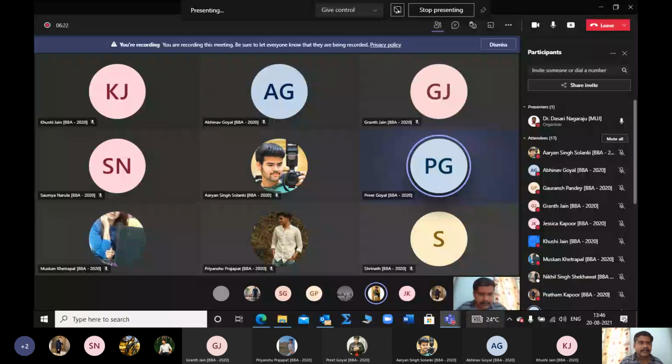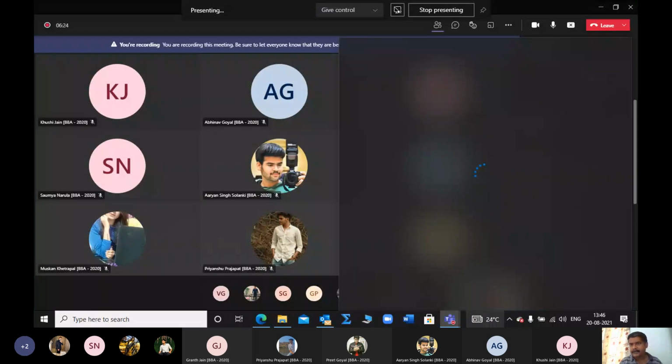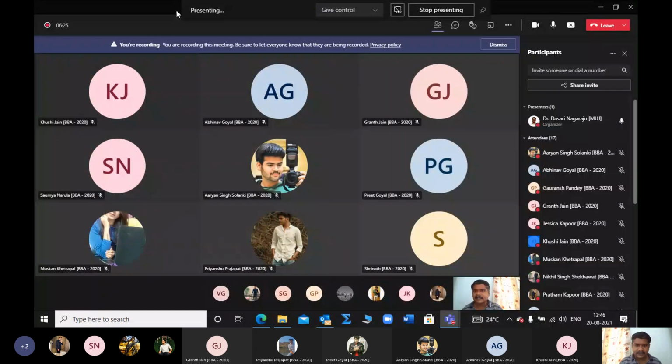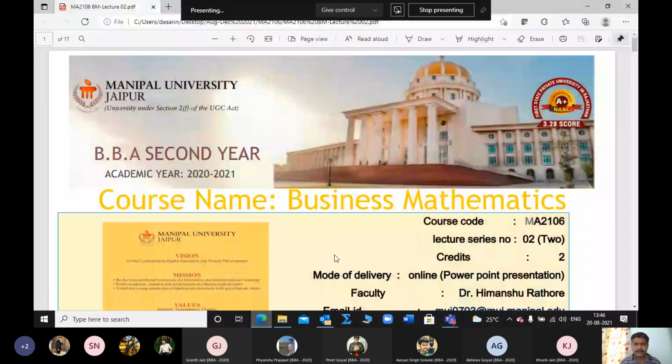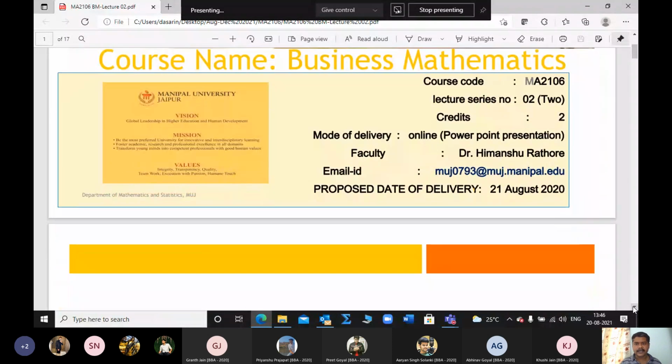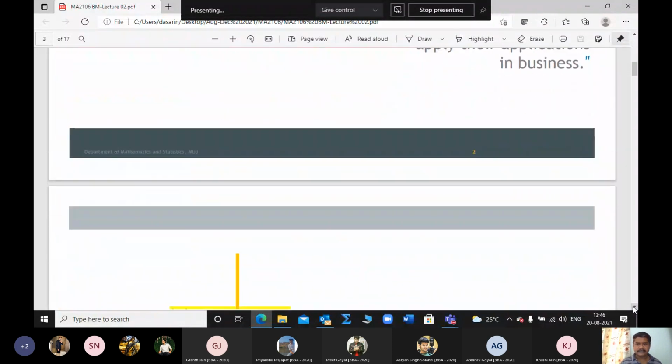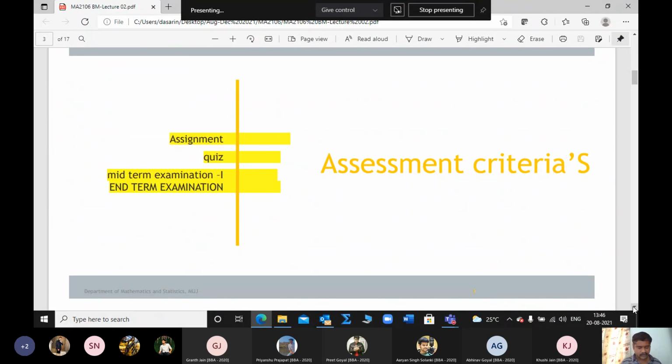So today we'll be starting the first topic, ratio and proportions. Last class, we saw the detailed outline of how the course will be covered and how we are going to assess your performance. We also discussed how the course outcomes are related to the program outcomes.